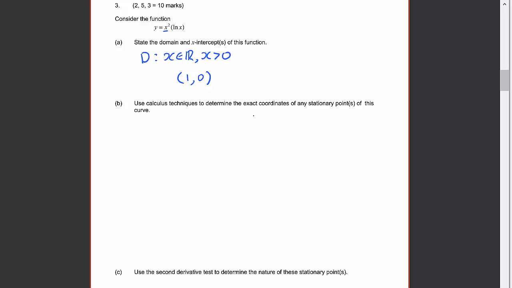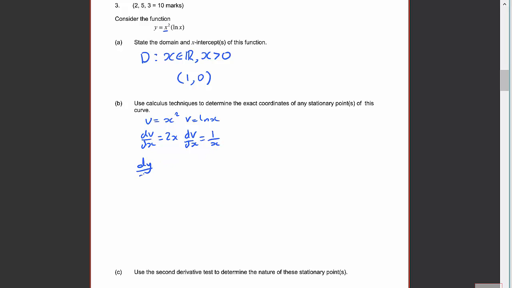So we now want the exact coordinates of any stationary points. Well, we can see that's a product. So u is x squared, v is ln x. du/dx would be 2x, dv/dx would be 1 over x.